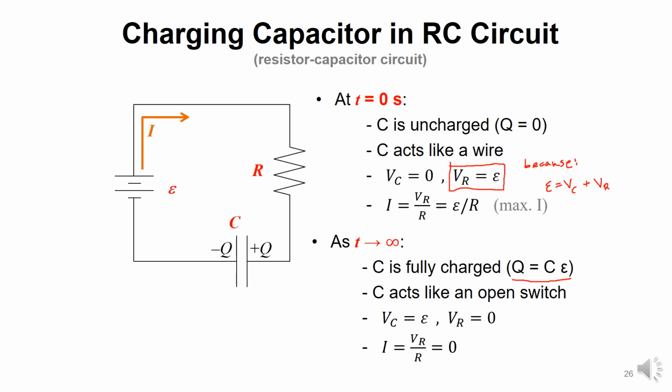So the capacitor and the battery end up with the same voltage if it's fully charged. So to calculate the charge, we just factor in the capacitance and the battery voltage. Now that the capacitor is fully charged, it behaves like an open switch. An open switch means that there is no current flowing.